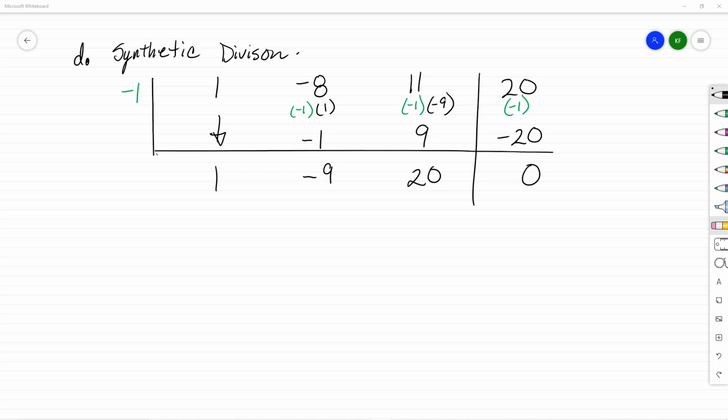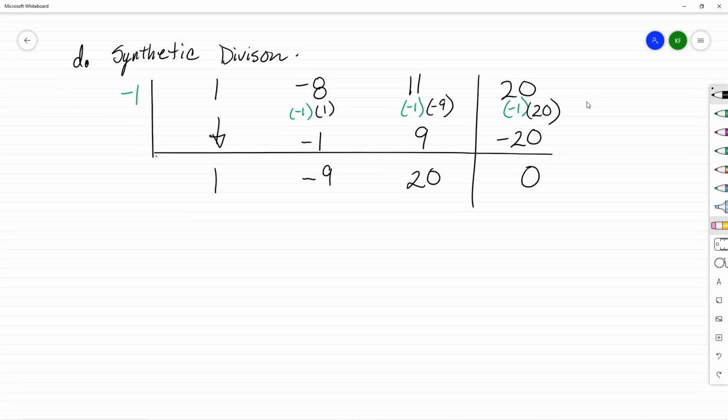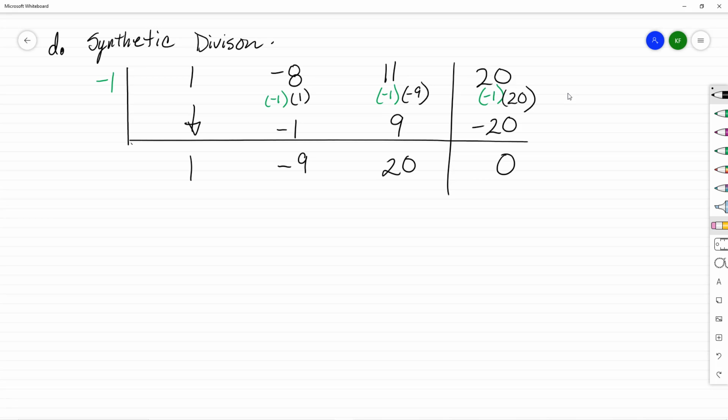You can see I performed the division for you already. And I better put 20 here so you can see where that's coming from. I want to point out some key features of what you're going to be analyzing. That last number is the remainder, and it has to be 0 because we showed in the calculator that f of -1 was equal to 0.